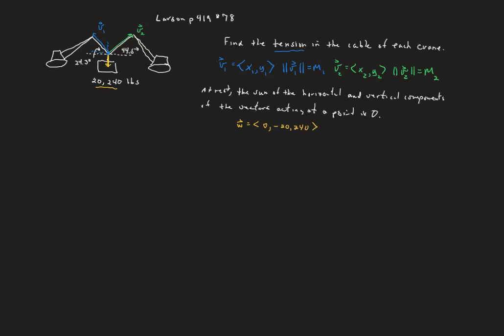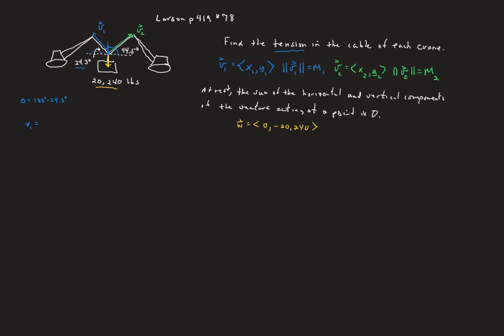So we're going to look at the components of these vectors, and we see that this angle right in here is 24.3 degrees. But remember, that angle is just a reference angle. The actual angle that is going to go with that vector V1 is going to have to be 180 minus 24.3 if we're going to get the correct signs to appear.